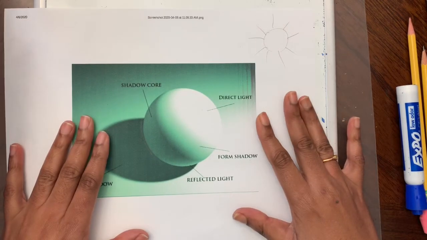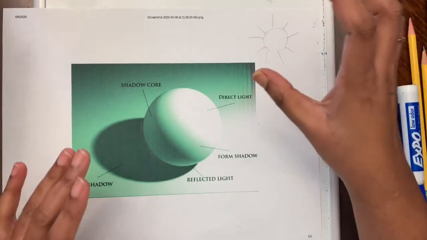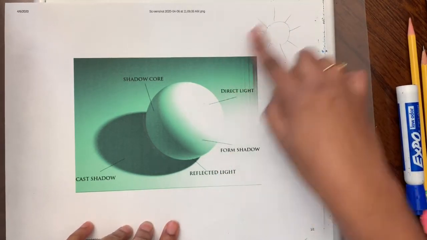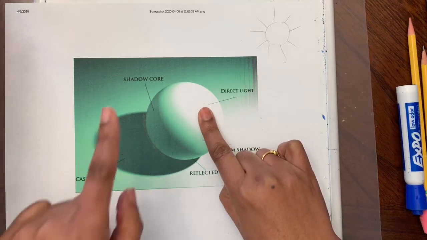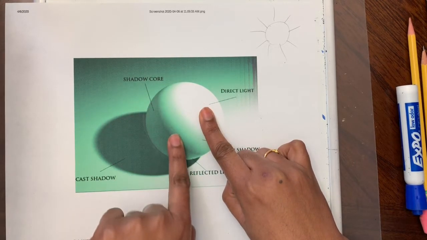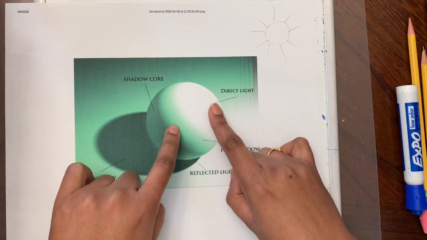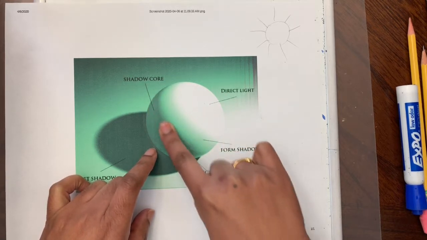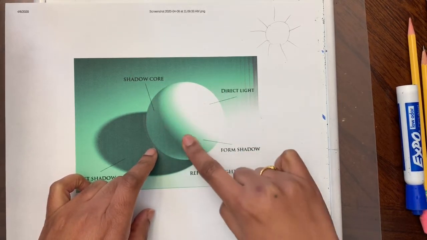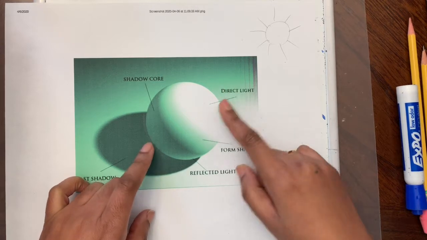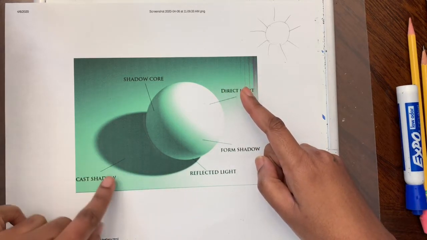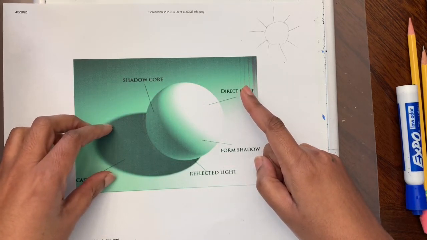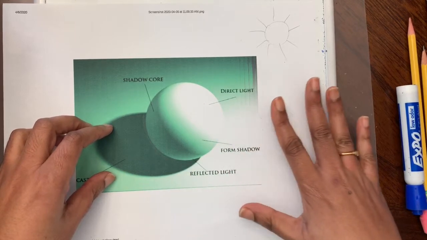So when you're drawing an object, whatever object you are drawing, you should be showing an area where the light directly hits. You should be showing an area where it is the darkest on the object. Suppose you are drawing a ball, then this is the area where it is darkest on the ball, and you should be able to show a cast shadow, a shadow that the object is making on the part that it is sitting, right?